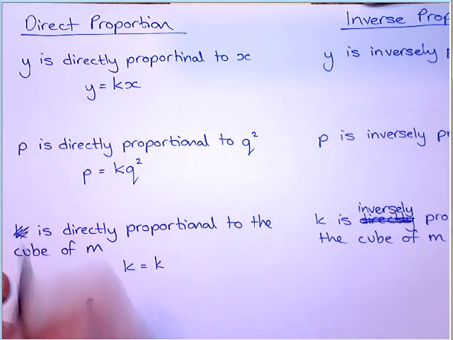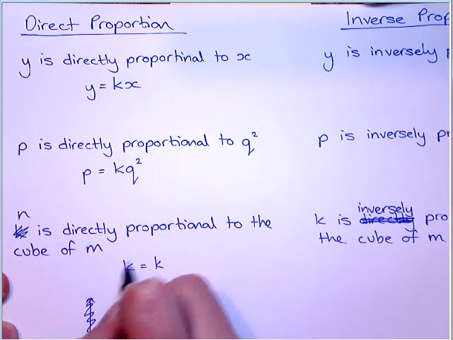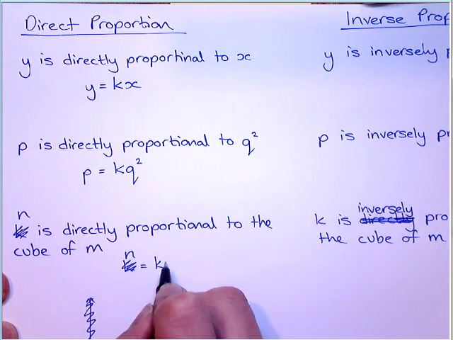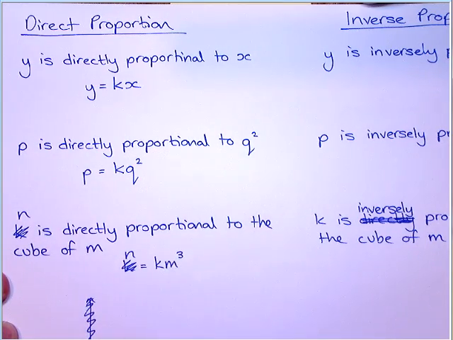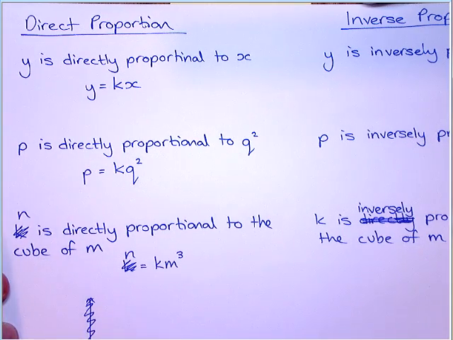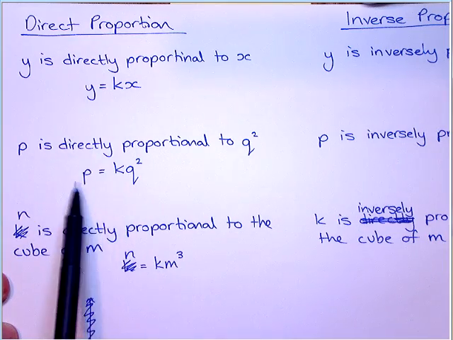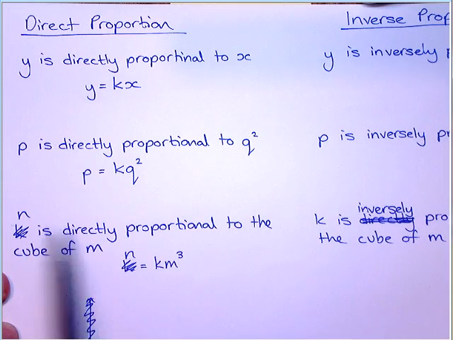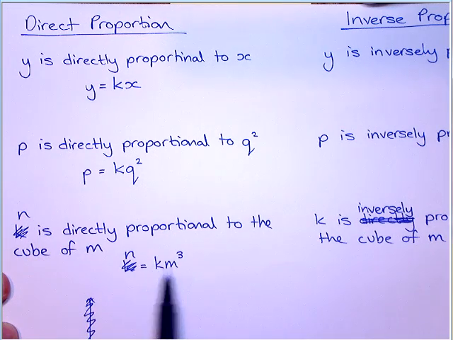In fact, I'm going to put an n there. So n is directly proportional to the cube of m, which means m cubed. You'll see in a minute I'll do a full question, but the first thing you have to do is write down a formula that shows this sort of language. So if it's directly proportional, k is on the same line, k multiplied.